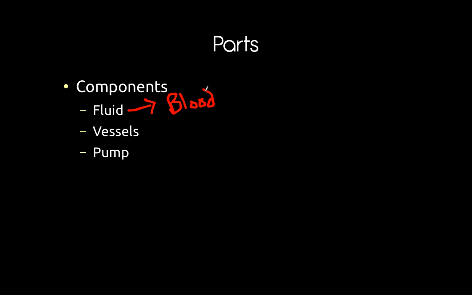Now, blood is a specialized tissue that has been fine-tuned to transport a lot of these things that we're talking about. And we can specialize it because in a closed circulatory system, it's separated from all of our other tissues and all the other fluids in our body. However, if you have an open circulatory system, you can't separate the fluid component of your circulatory system from things like interstitial fluid.